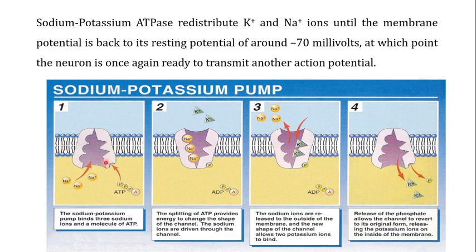Now, as I've told you, when the sodium ion channels open at the start of the action potential during depolarization, the sodium ions move inside the neuron. During this redistribution, the sodium-potassium pump binds 3 sodium ions, and at the same time it binds 1 ATP molecule. Using the energy of the ATP molecule, it removes these 3 sodium ions from the interior to the exterior of the neuron.